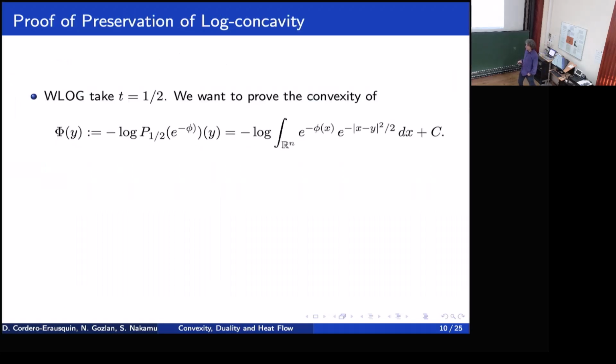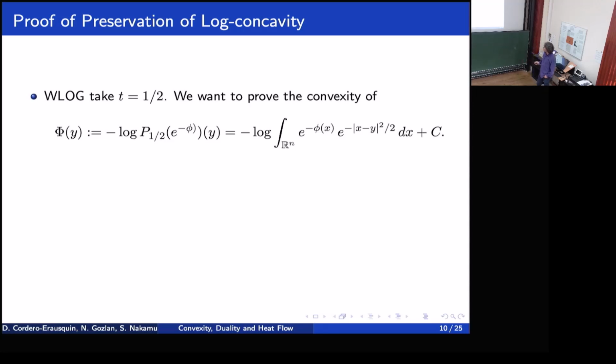So I'll try to give you the proof. Let me take T equals 1/2 because the notation is simpler. I look at minus log of p_{1/2} of exponential minus phi. Here is the definition: minus log of exponential minus phi. Now this is just the usual standard Gaussian kernel, and there is some normalization constant that will not be important here.